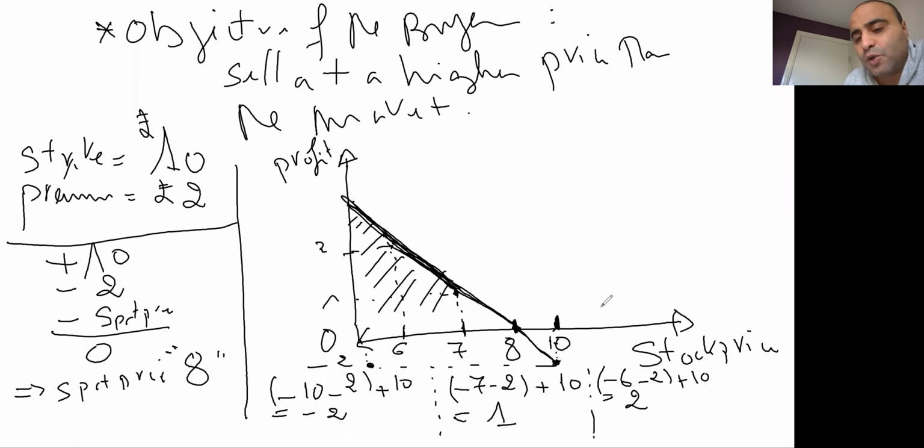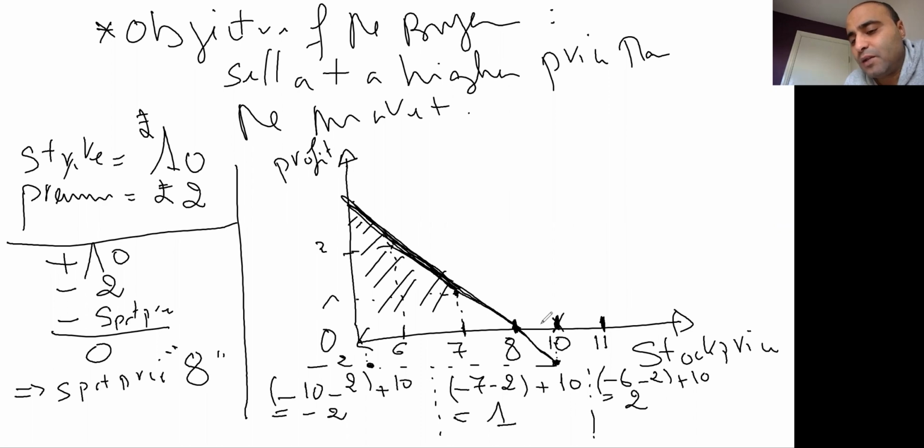Now, we haven't talked about the higher prices. If the stock price is above the strike value, will the person really be willing to buy it at an expensive price, let's say 11, and sell it to the person with whom he has engaged into the contract at 10?